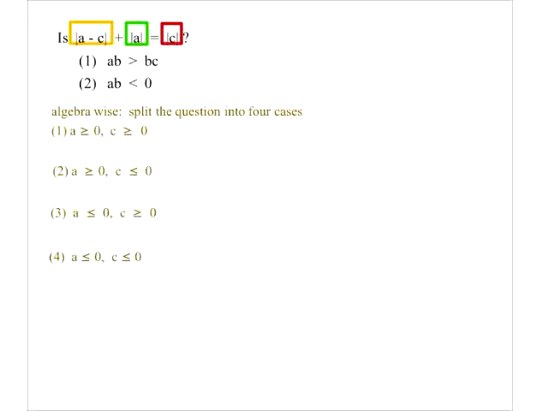You also have to, here you would need 2 cases, corresponding to whether the absolute value of A is bigger or smaller than C, because this difference would be affected by that. And then here you would also need the same 2 cases.